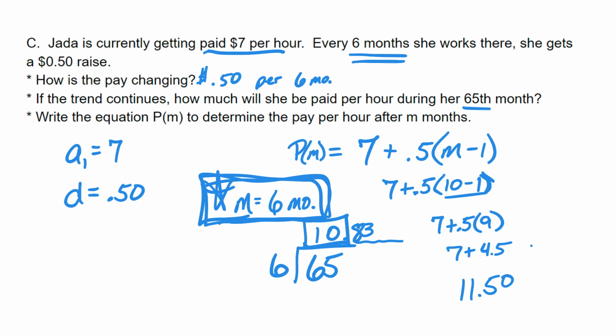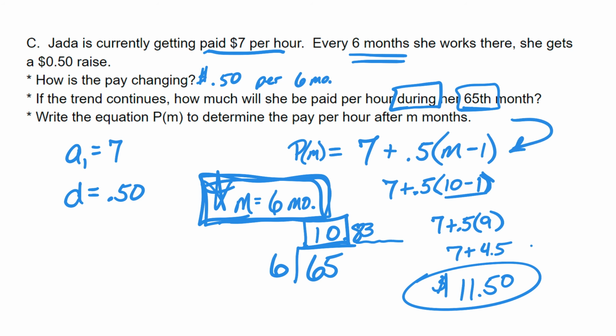Very important you read your question. Make sure I did. It says, how much would she get paid during, not after. That's why I didn't do 66. It says during her 65th month. So she would get about a $4.50 raise over that period of time, and she would make $11.50. It says write an equation for the numbers per month.